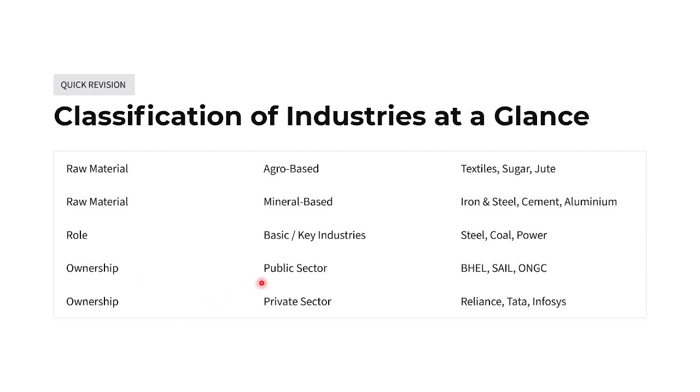Then ownership: most of the time public sector companies like BHEL, SAIL, ONGC. The private sector is also there in all industries, like Reliance, Tata, Infosys. These are the major industries of public sector units, and these are the major ownership of private individuals.